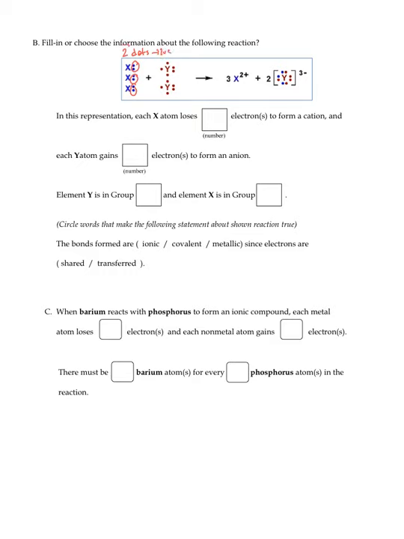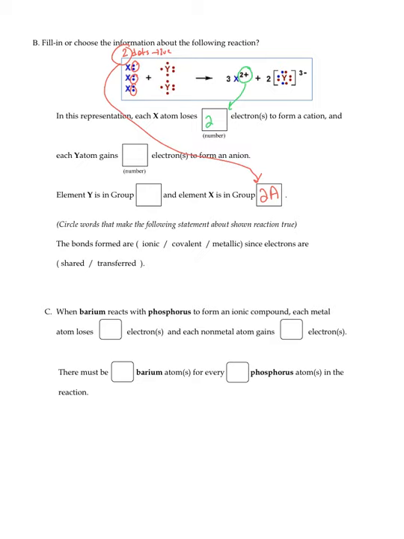That also means, right, that X is in group 2A, and that of course reminds us that it's going to lose 2 electrons and form a 2 plus charge. So we can utilize the charge here in the symbol, but also the location on the periodic table.